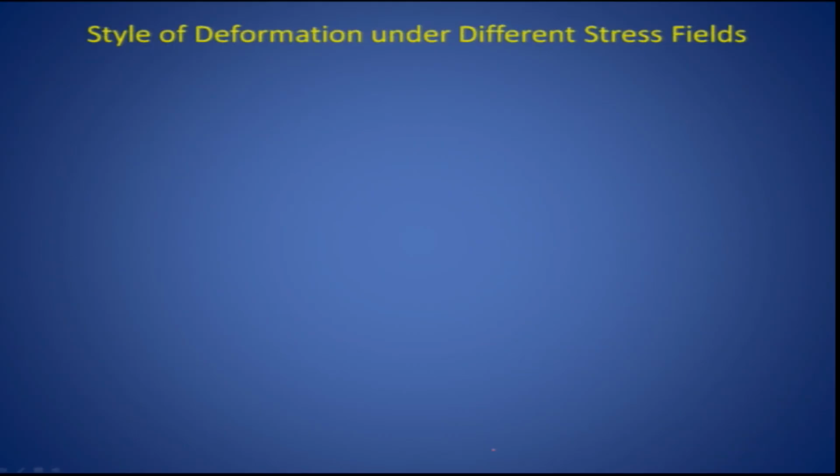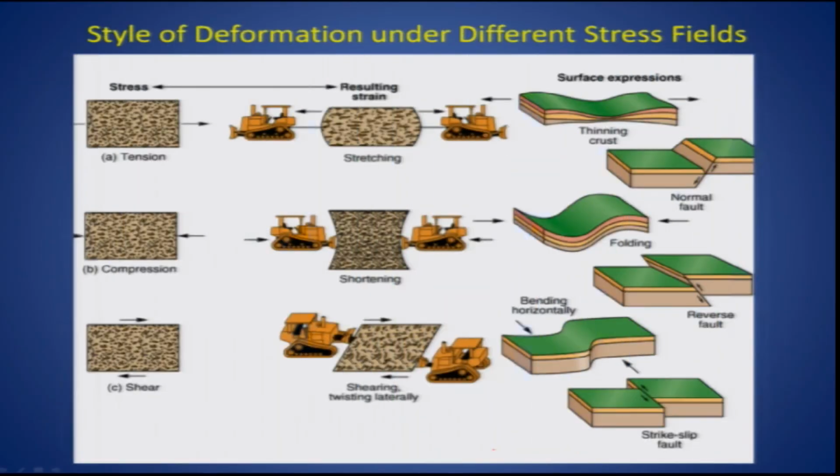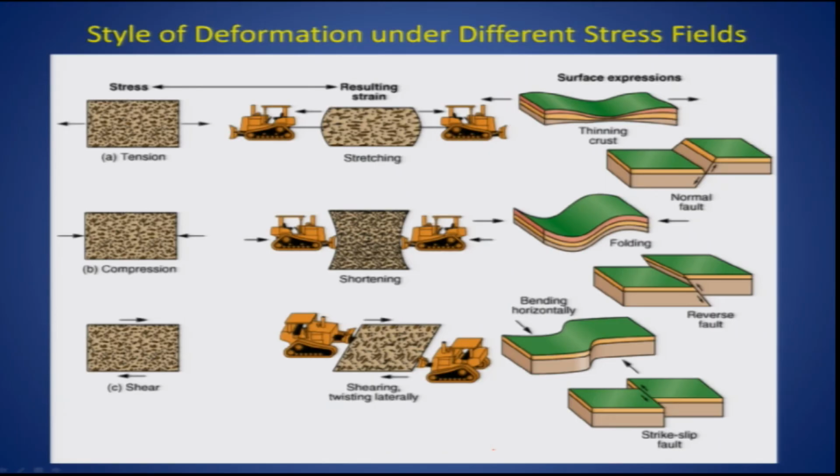So, style of deformation under different stresses. If you have the tensional one, then you are stretching the crust, and you are thinning the crust in one form or another.